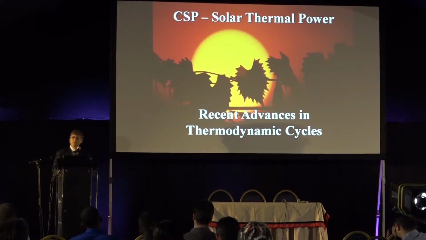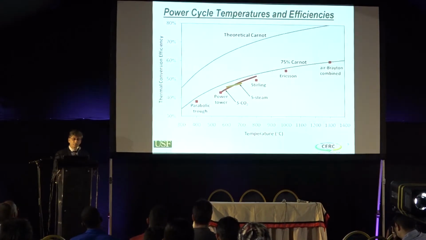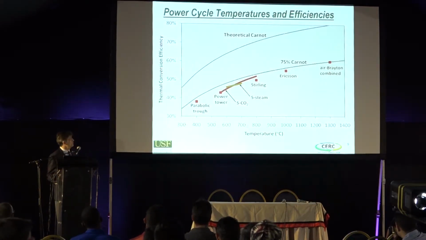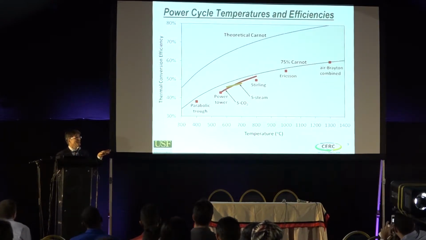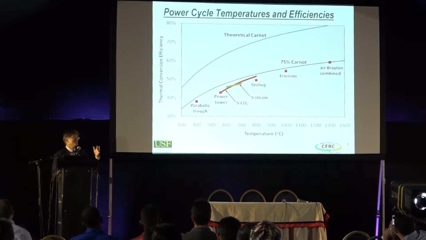So that means we need to go into some other cycles which will give us much higher thermodynamic efficiency. So here I show what is the limit of that efficiency. Carnot cycle is a theoretical cycle. You cannot really do that in practice. But that sets the upper limit, that we cannot convert at any efficiency higher than that.